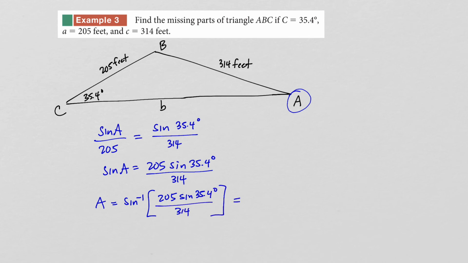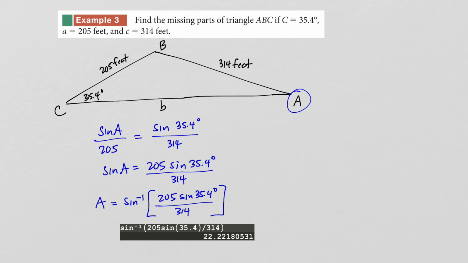And let's go ahead and plug that into a calculator. And you can see from our calculator here, if we take this to 3 significant digits, this is approximately 22.2 degrees. So that is angle A. Now, A prime could be the supplement of that angle, right?